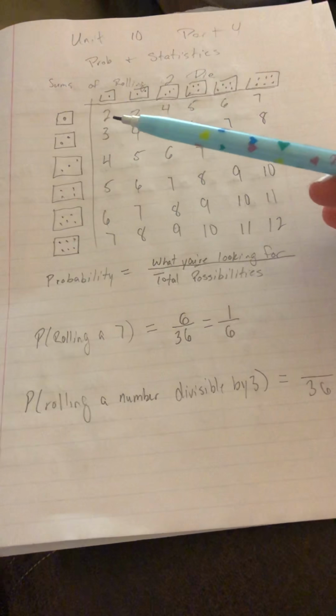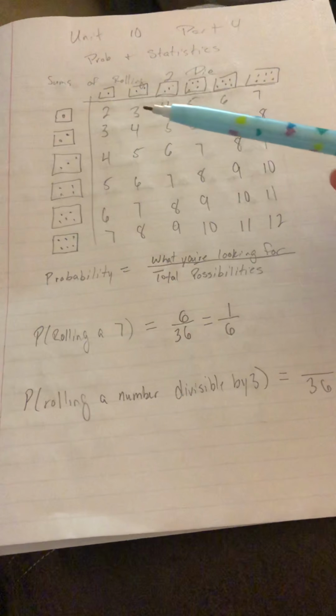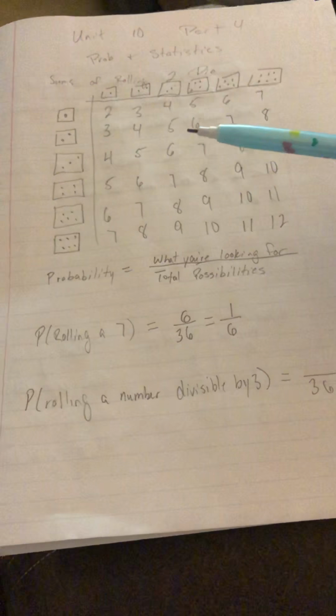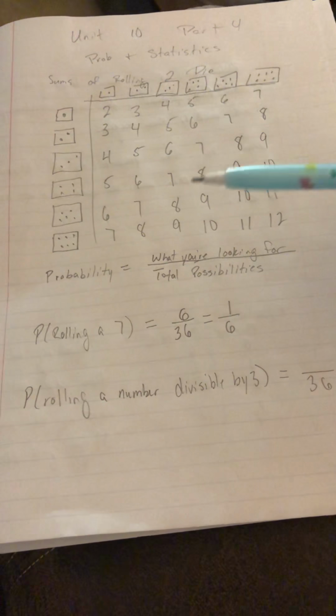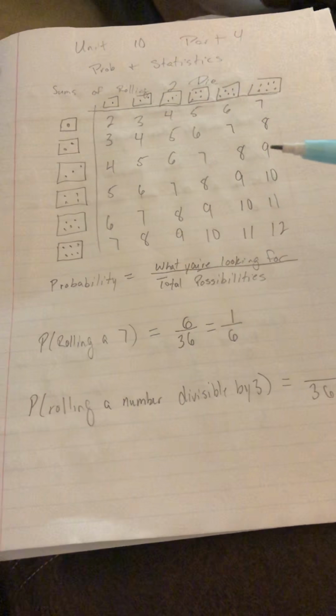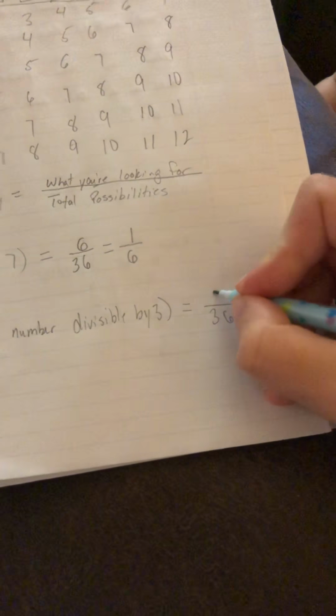So there are 1, 2, 3, 4, 5, 6, 7, 8, 9, 10, 11, 12. So 12 out of 36 numbers are divisible by 3.